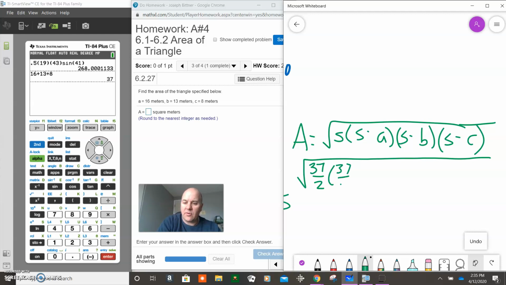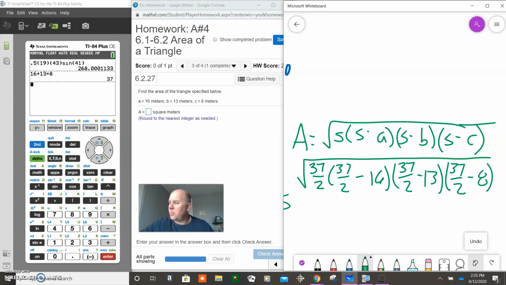So 37 over 2 minus A, which is 16. 37 over 2 minus B, which is 13. And 37 over 2 minus c, which is 8. This is a little bit lengthier to type in. I'm going to go ahead and just use my own personal calculator to type this in. Just again, make sure you take the square root of the whole thing as well. So what is that?